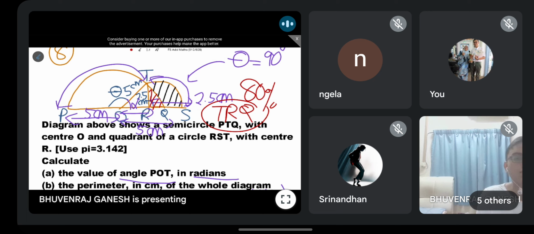Can anyone tell? If you say TRS minus TRQ. Anyone? TRQ. Can we directly find this? Adakah kita boleh cari ni secara terus? Yes or no?